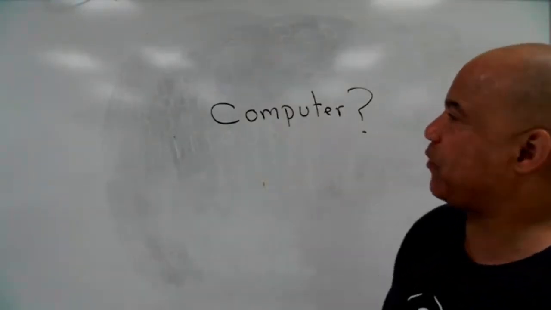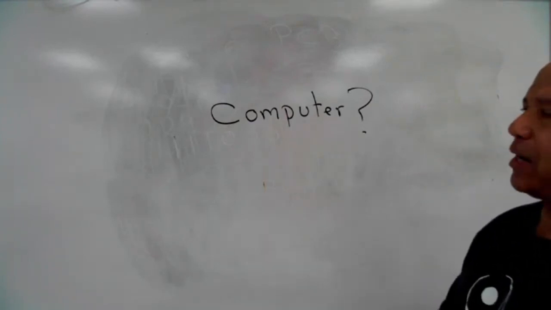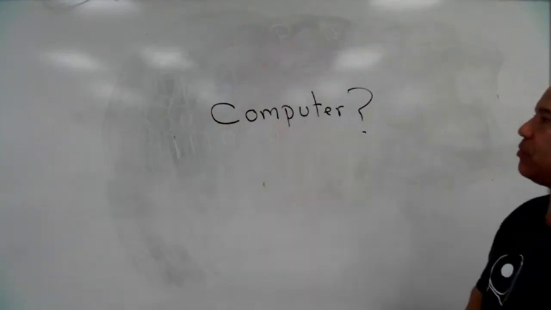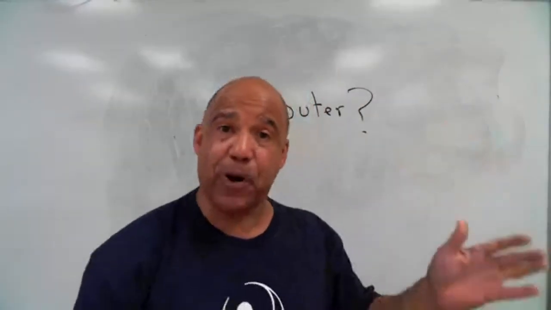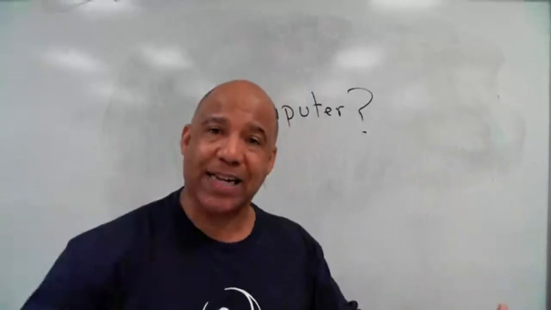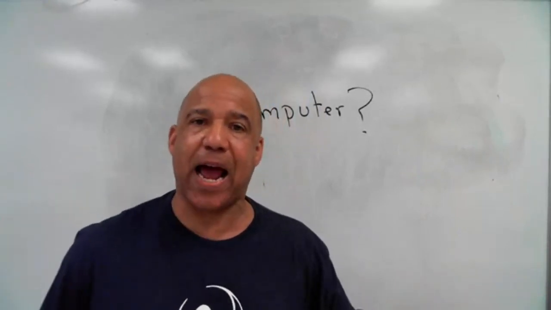Definitely that's one aspect of a computer. It's got to be able to take data and do mathematical operations with it. What else? It can take inputs and then process them and turn them into outputs. I like that. It can take inputs, it processes the inputs, and puts out some kind of output.